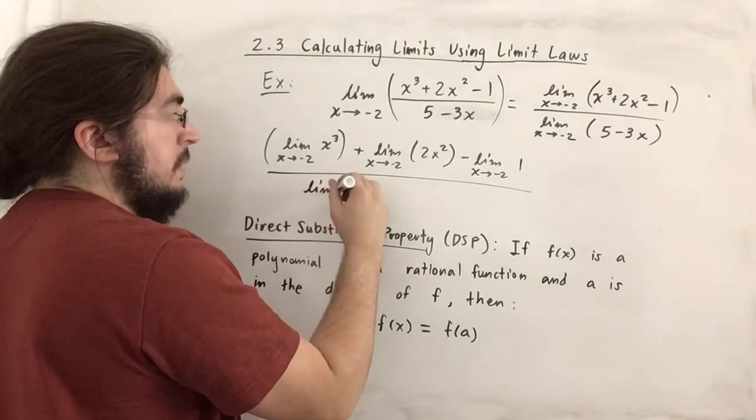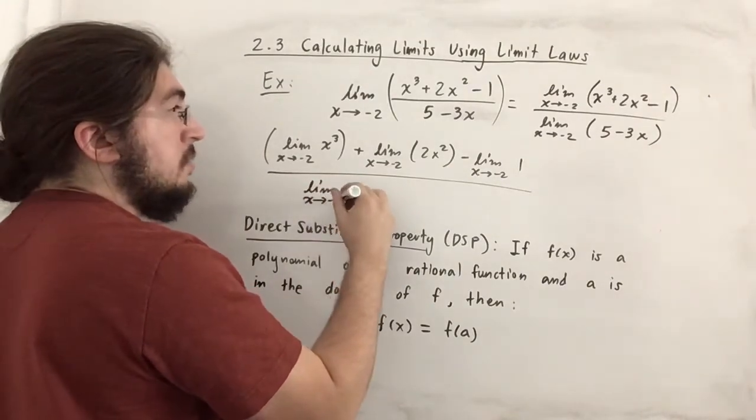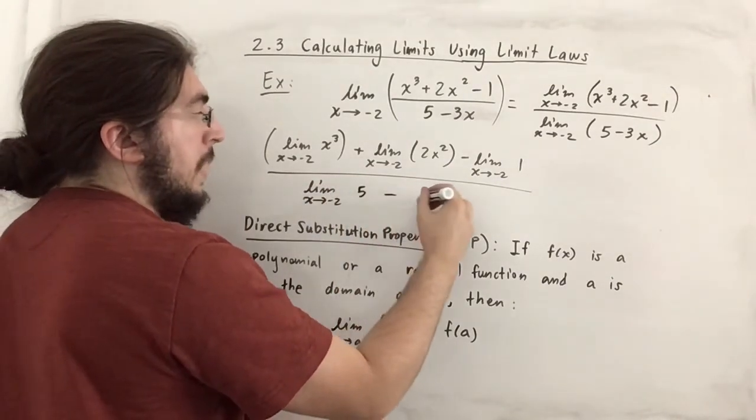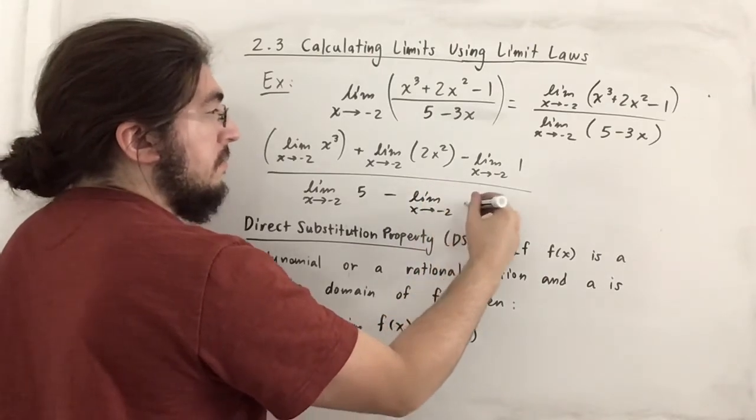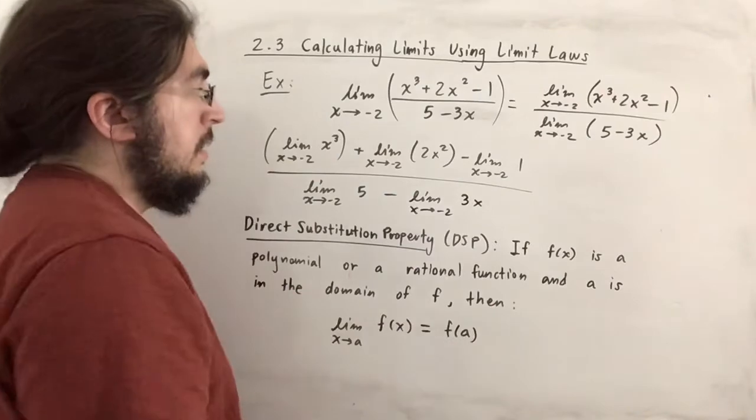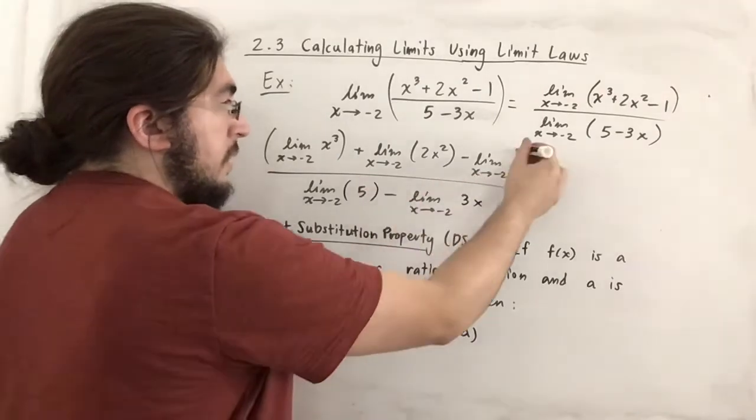The denominator is going to be limit as x goes to -2 of 5 minus limit as x goes to -2 of 3x. All right, so there are a few things I want to do here.